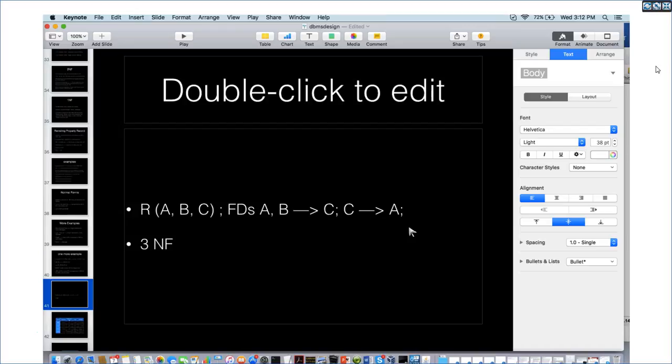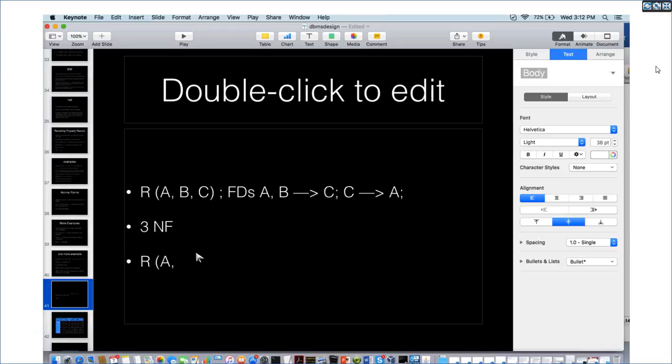Now try to make it into BCNF. The only way you can split this for bringing it into BCNF is you can put R1 as one relation, and then R2 as the other relation, where you get the A and C.